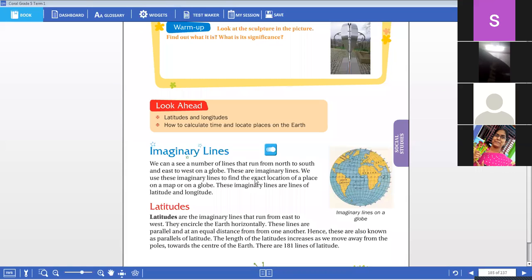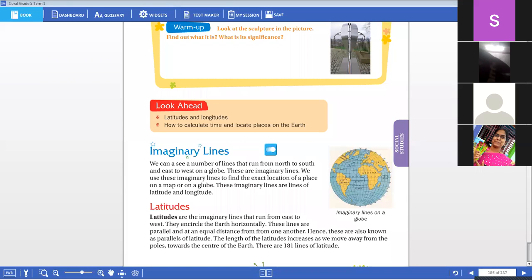These are imaginary lines. You can see many lines on the globe running from north to south, as well as east to west.